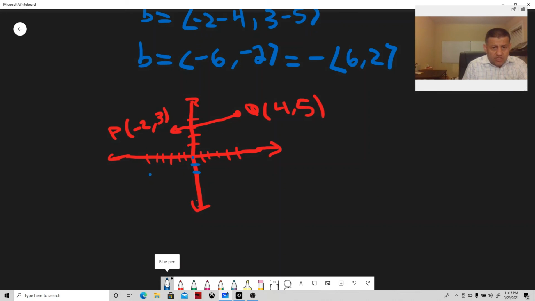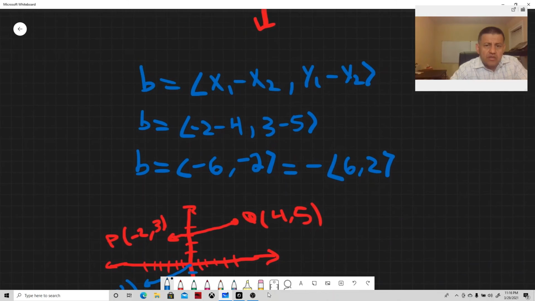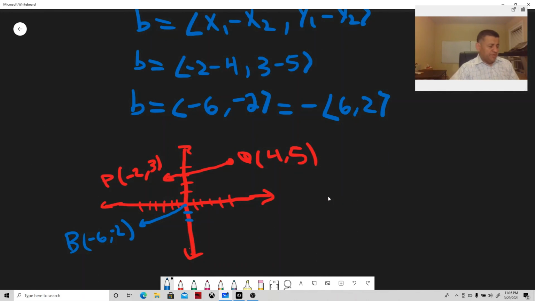And then we start from this point, just like that. Now this point will be the point they call capital B, which is -6, comma -2, right? Okay, so that's how we did that example.